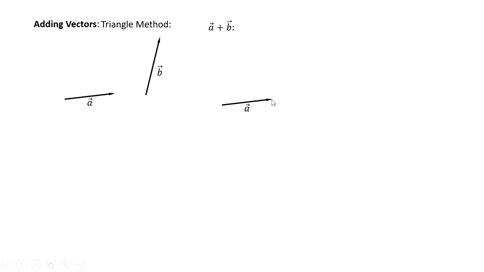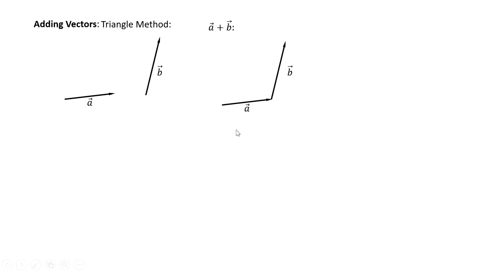At the head of this arrow, you put the tail of B. What do you do? You put the tail of the second vector B where the head of the first vector A is, and draw it.